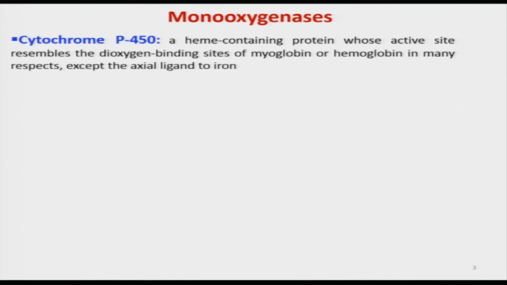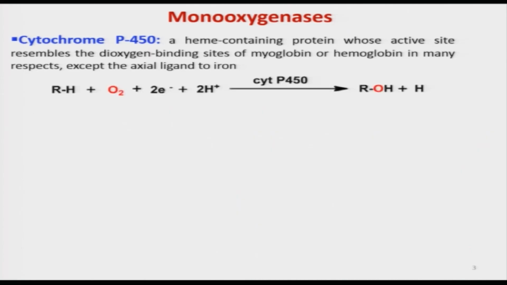Indeed, in cytochrome P450, cysteine sulfur is involved, rather than an imidazole side chain from histidine, which is involved in hemoglobin or myoglobin.